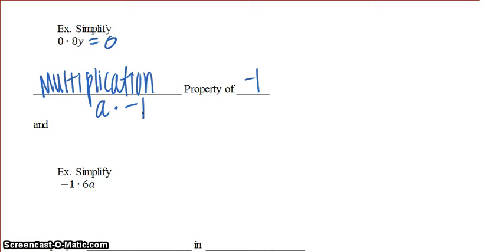So if we multiply it by -1, it's still going to be A, but you're going to have that negative in front of it. Or we could do -1 times A, and that will give us a -A. So it's basically like the opposite of it. And so if we get our -1 times 6A, that will give us a -6A.